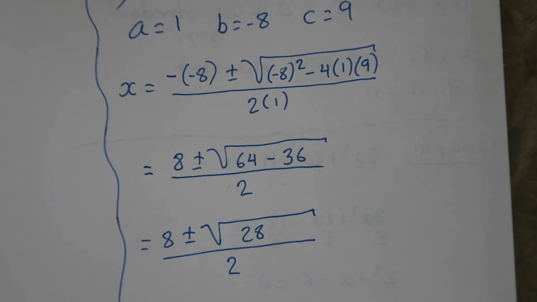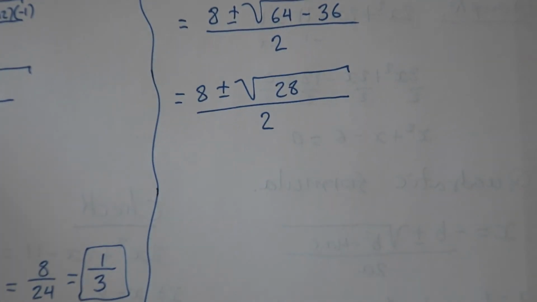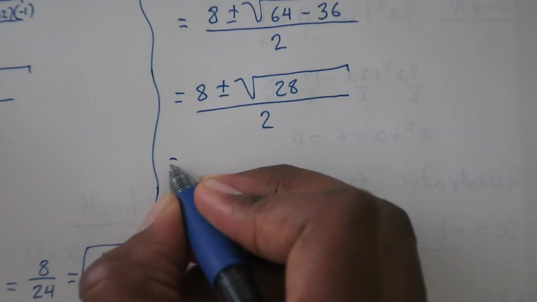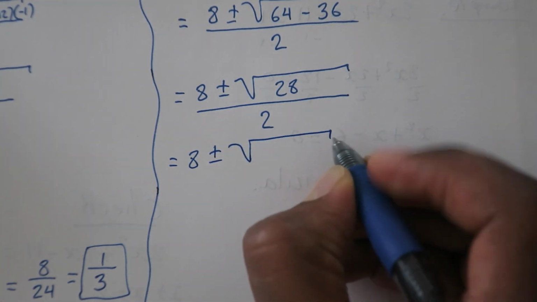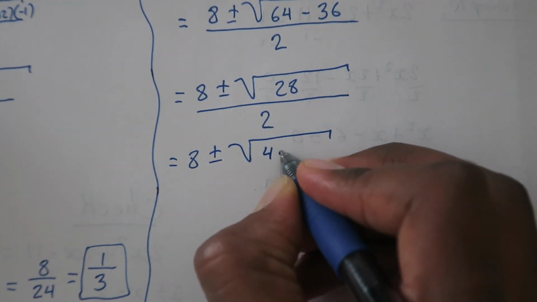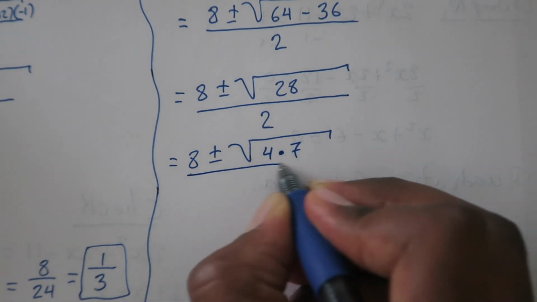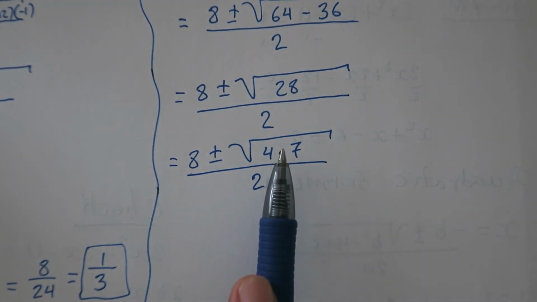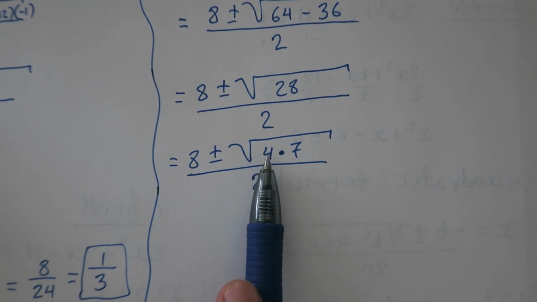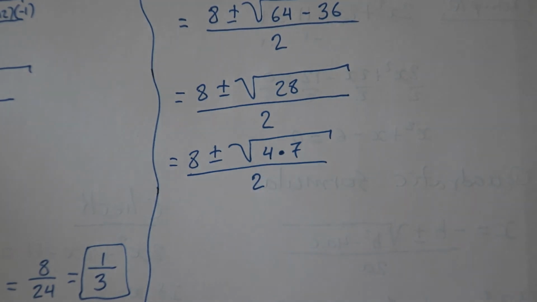Now, I can try to simplify this a little bit more. 28 can be written as 4 times 7. So we'll change that into 4 times 7 divided by 2. And the reason I wrote that is 4 is a perfect square. That is, you can take the square root of 4 and get a 2.